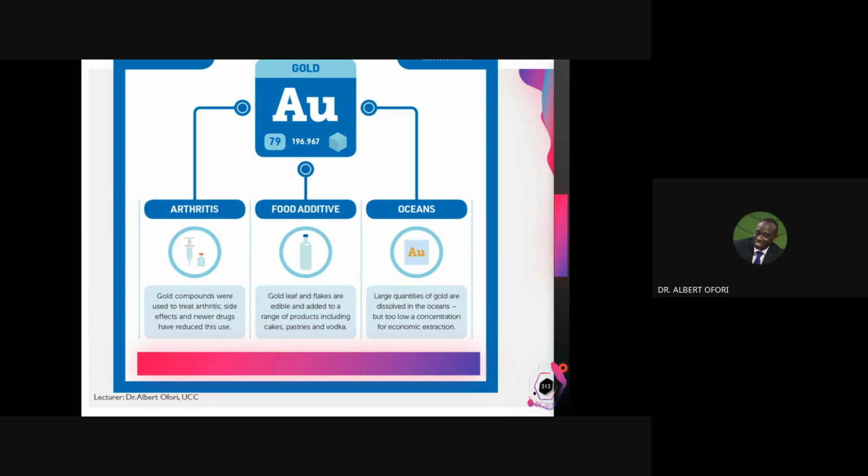Now the purity of gold is something that will bring the name. Of course, we can't even get to 100% pure gold. So we have like 24 karat gold, meaning the impurity in there is almost nothing as we proceed to there.